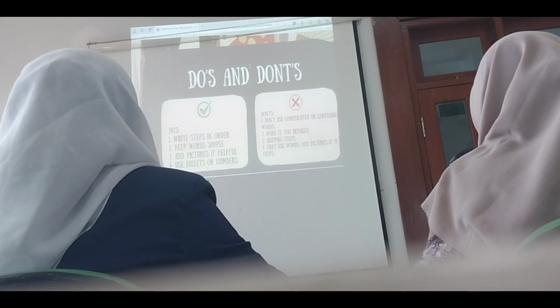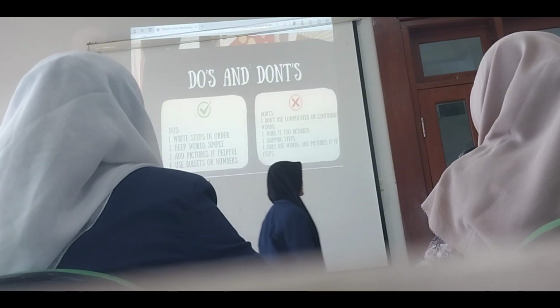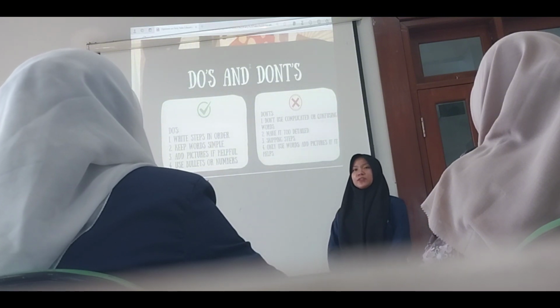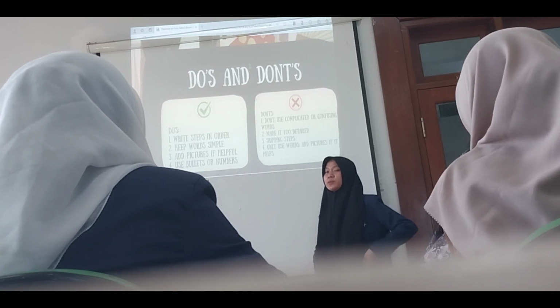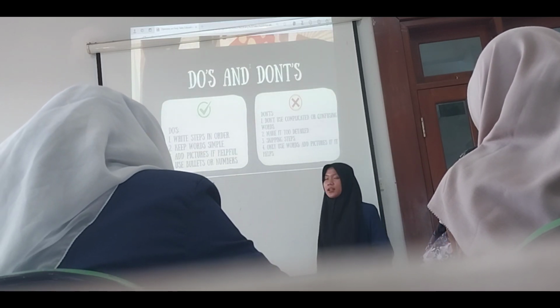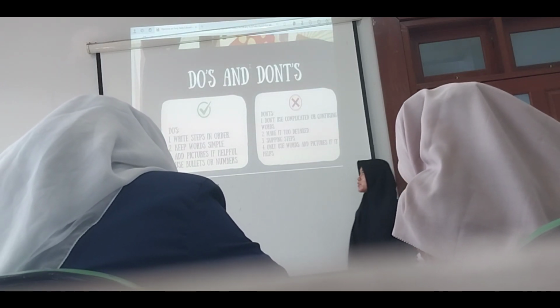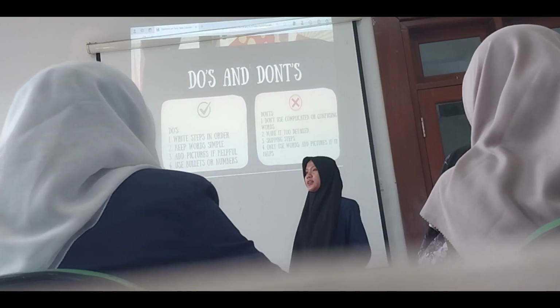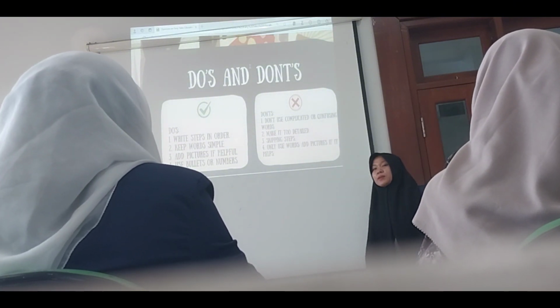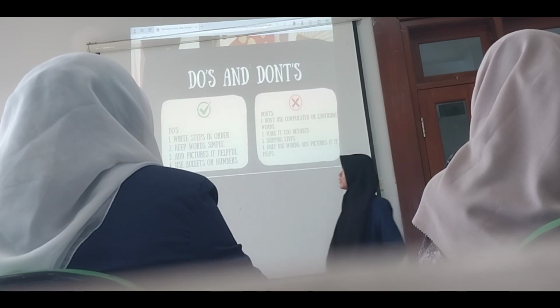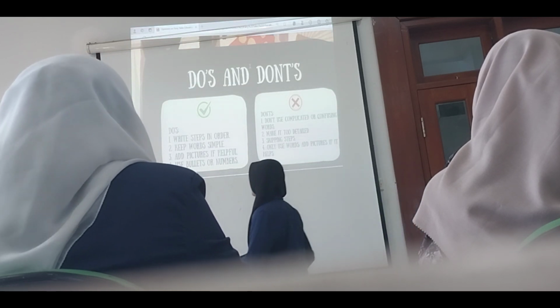And next, keep words simple. In writing procedural text, the instructions must be very clear, so it is better for us to keep the words simple so that the reader can easily understand the purpose, the meaning, and the instructions of the text.